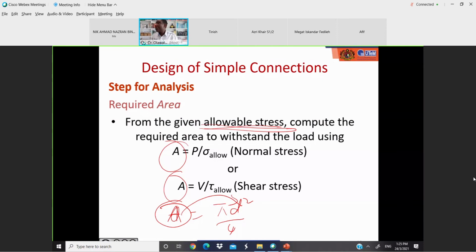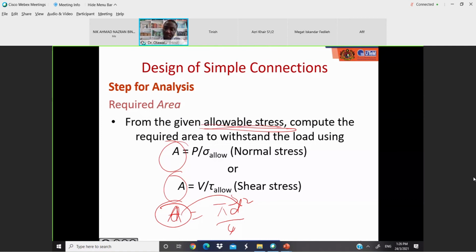Okay. So why? Because when I apply the load on this, there's a deformation. And as a result of the deformation, one, the shape will change, and two, the size will change. So if I ask you what is deformation, and you say it's change in shape only, that is wrong.